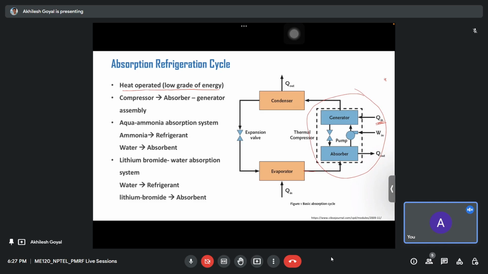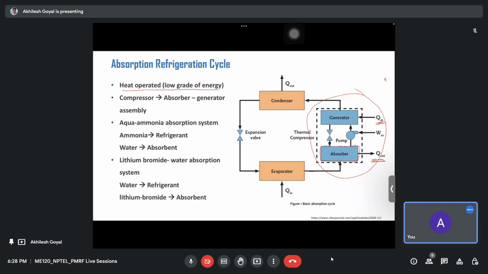So in the absorber, when this refrigerant comes, it gets absorbed in the absorbent, due to which the latent heat of condensation is released, and this heat is taken by the cooling system and rejected to the atmosphere. Then this mixture of refrigerant and absorbent is pumped back to the generator.